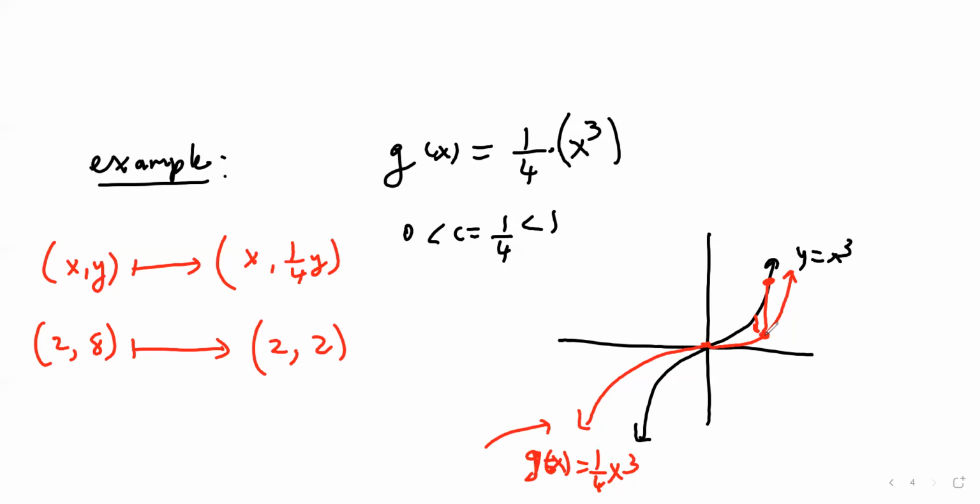Now let me just give you another example. Let's say I have this function. So y equal to, let's say, absolute value of 2 times x. Well, absolute value of x, so this is really just this.